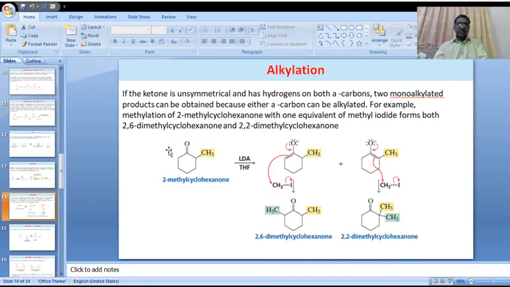We will discuss. The starting compound here, 2-methyl cyclohexanone, on reaction with LDA in the presence of tetrahydrofuran. Here the negatively charged electrons, this pair of electrons shifted to this side, cleavage of the pi bond.